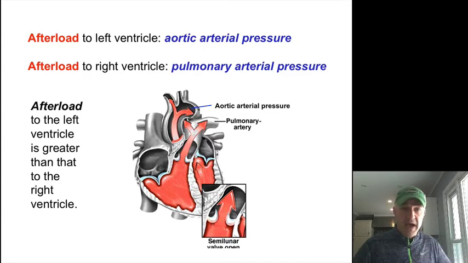But again, it's this back pressure. Afterload on the left side of the heart is generally much greater than the right. This is something over long periods of time is what we refer to as congestive heart failure, where if you have too much afterload, too much pressure on this one, the heart has to keep getting stronger, so it keeps getting thicker in the walls, but without getting any increases in volume. If the heart continues to thicken, sooner or later, and if you've ever known somebody that's lifted a ton of weights, if you get too much mass, you lose flexibility, and that's what tends to happen with the heart.